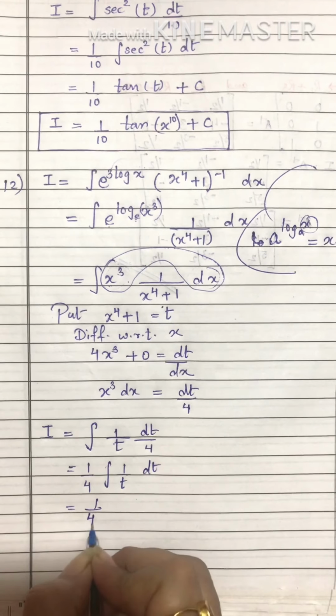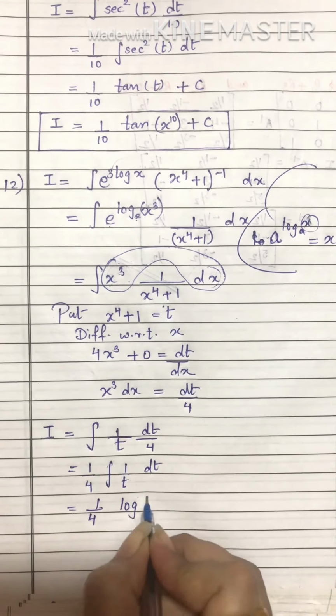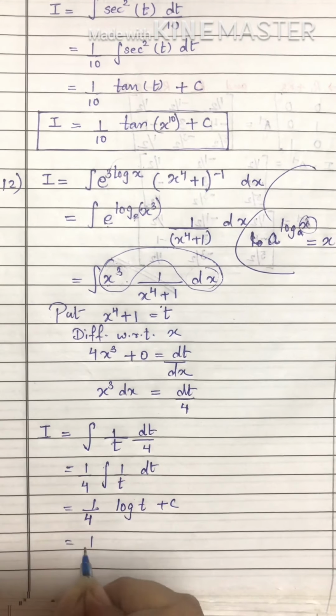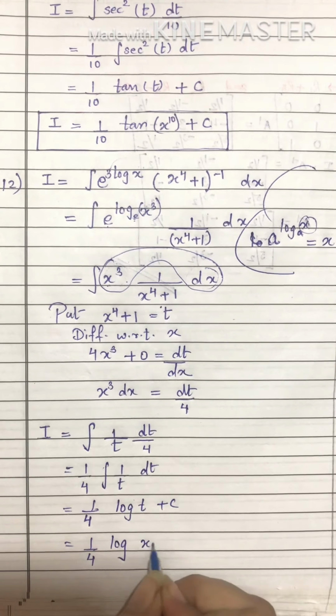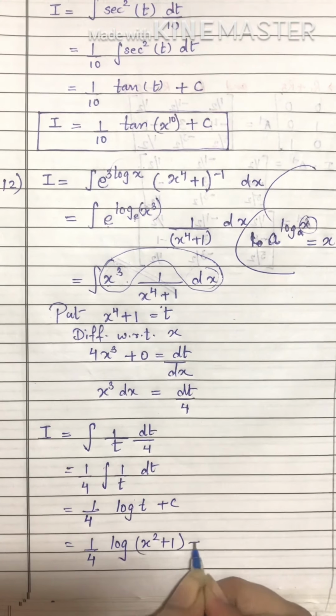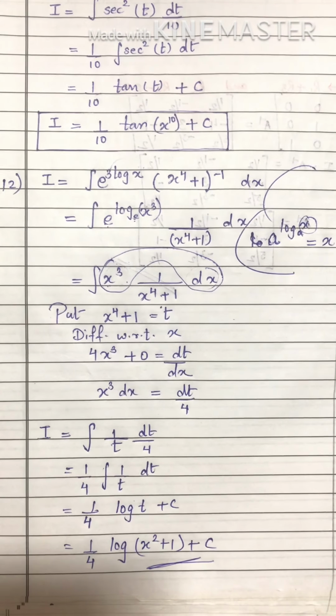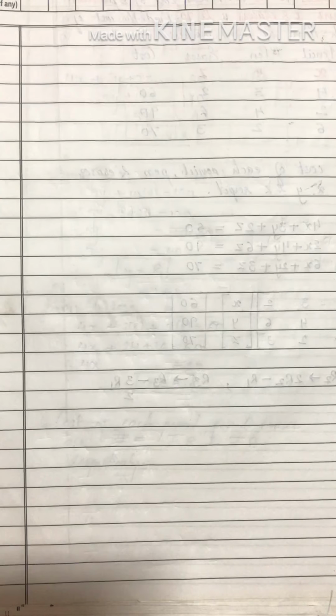So that gives you 1 upon 4 log t plus c, and then resubstitute the value of t. So you get 1 upon 4 log of x raised to 4 plus 1 plus c. I hope this much revision is enough to continue with the sums further. So let's take some more complex sums.